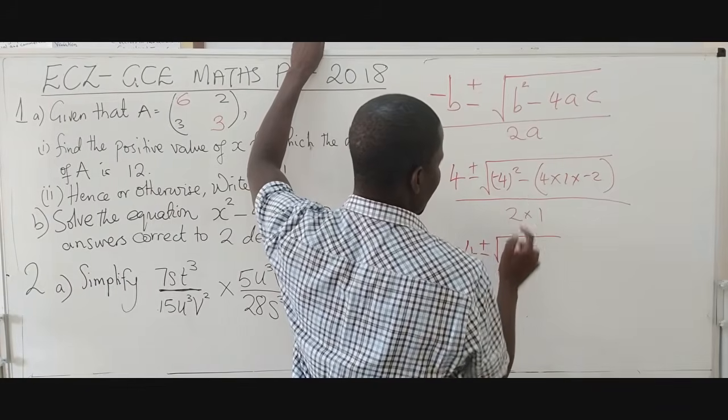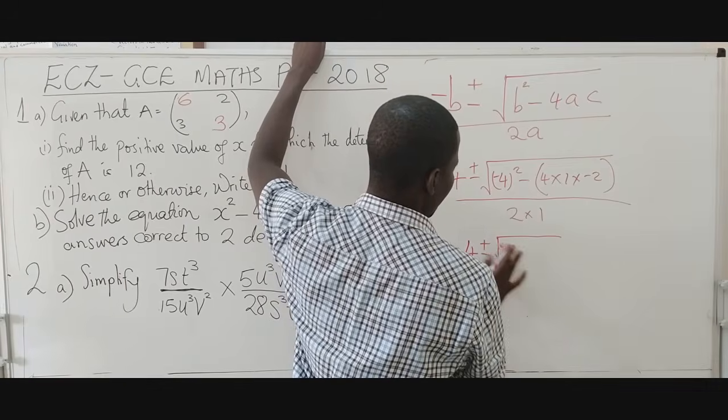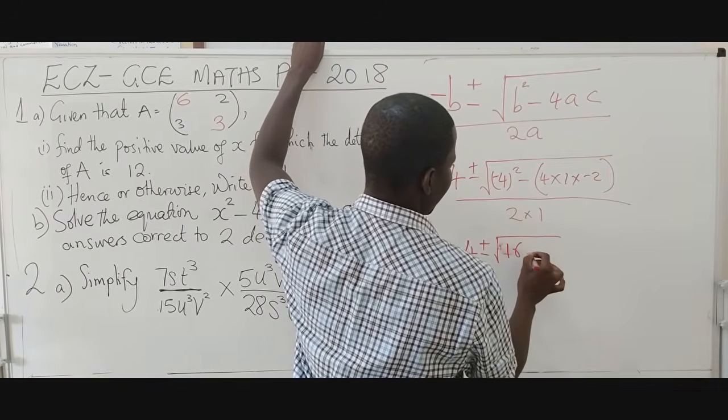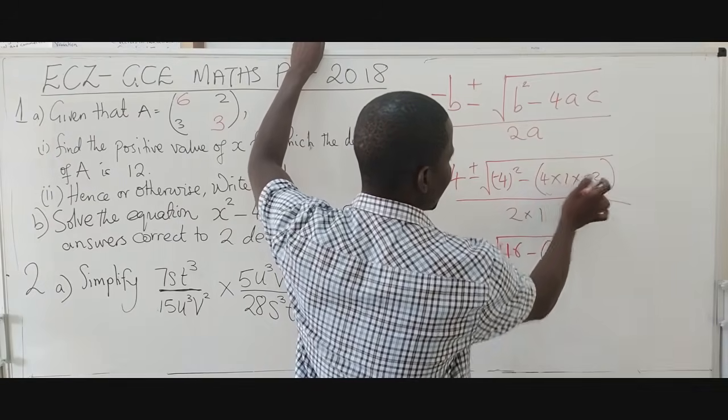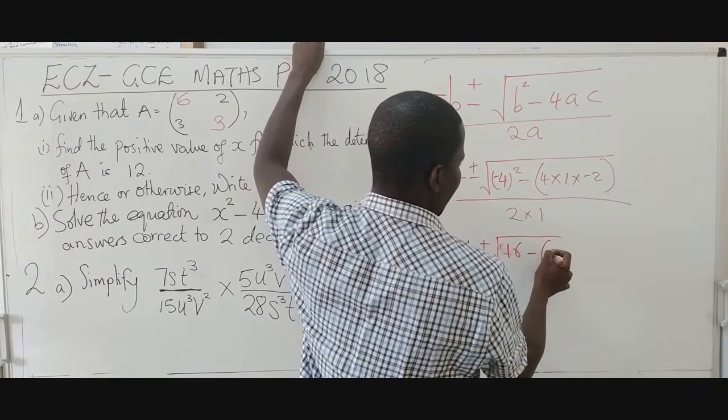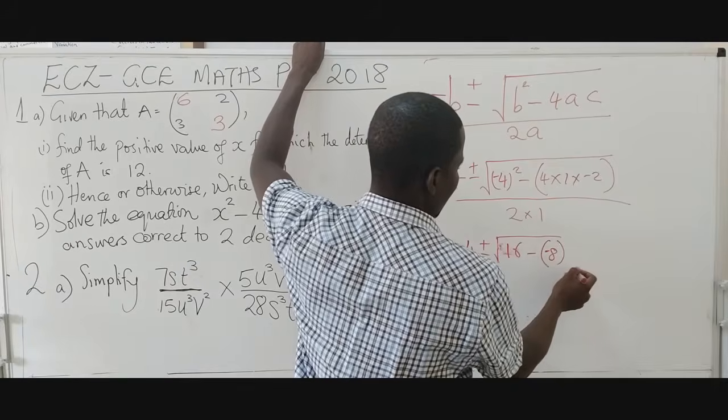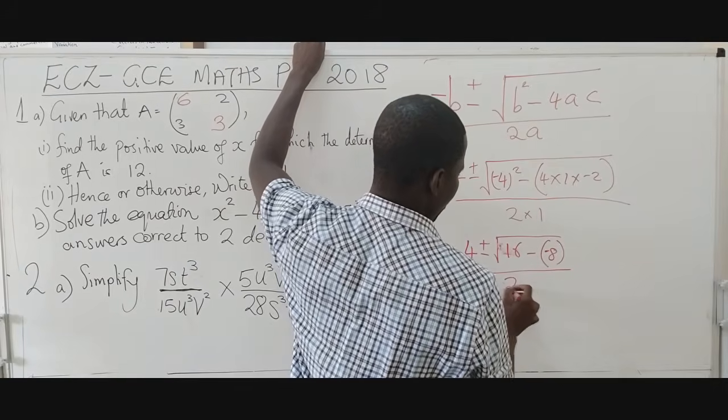What do we get here? Here we are going to get 16 minus. What are we going to get here? This gives us negative 8 over 2.